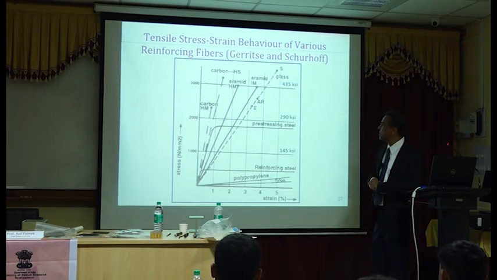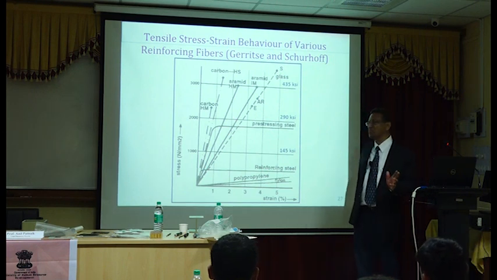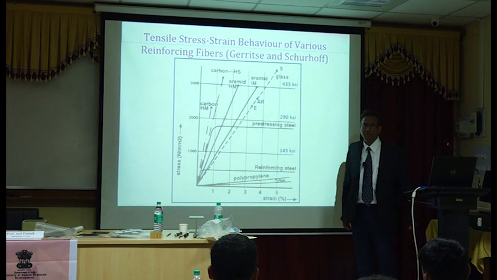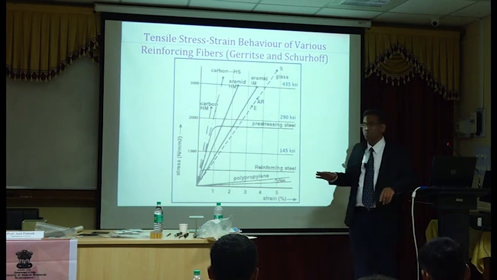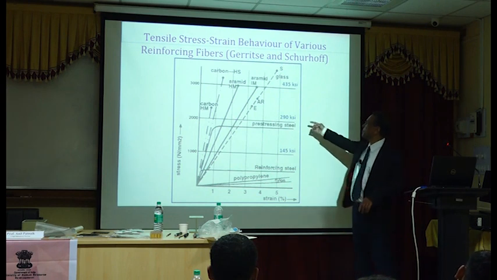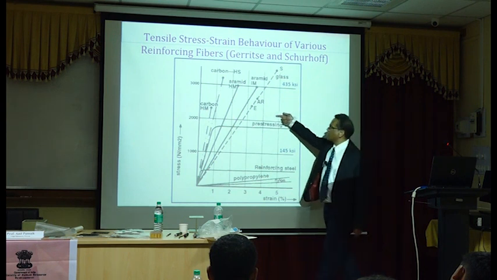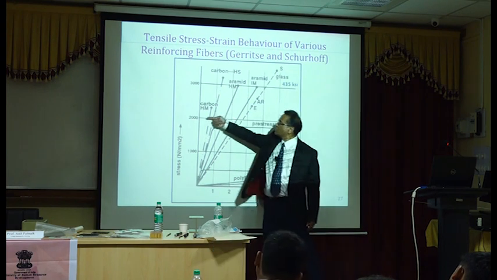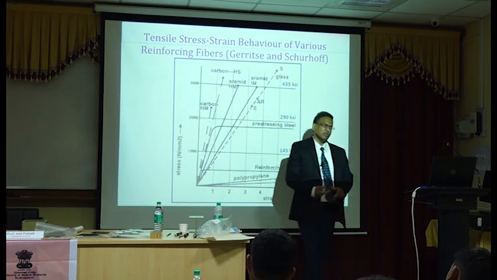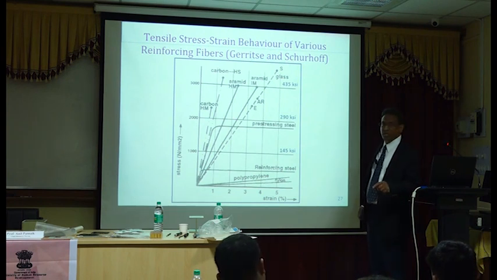I don't know if you remember or if you are exposed to that, but pre-stressing steel has about 1800 MPa. In fact, these days we can get 300 KSI pre-stressing steel. So that 300 grade steel is somewhere here. So it's greater than 2000, which will be 2100, let's say. 2100 MPa, very strong material, right?